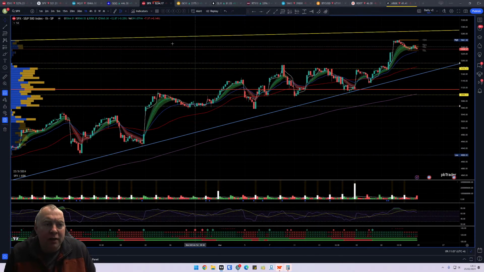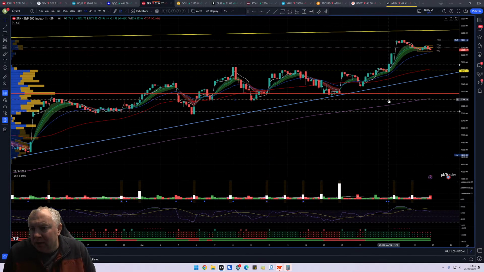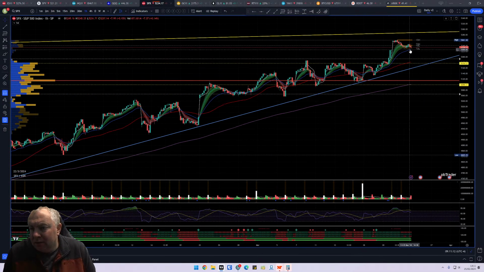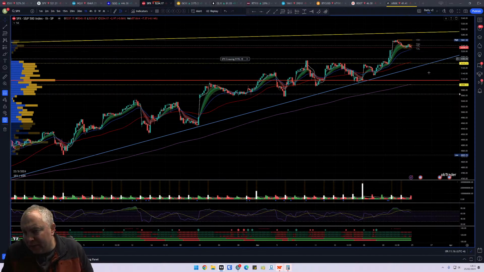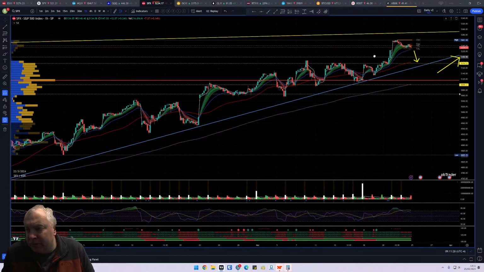Okay, so SPX we just looked at. The best place is down here at the bottom of this trend line. So if we can come back down, we can watch this area for a bounce. 5180. We've got 5200 psychological number as well. Let's just put in that alert above 5200.